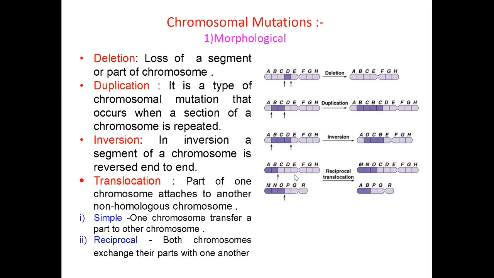So when we are saying reciprocal translocation, that means both the chromosomes exchange their parts with one another. So ABC comes to this chromosome, whereas MN goes to this chromosome. So this is a reciprocal type of translocation.